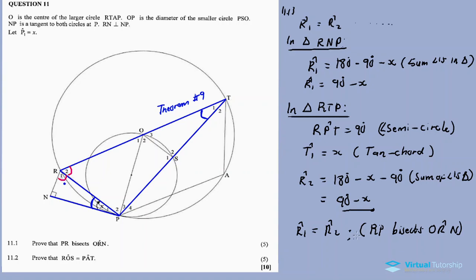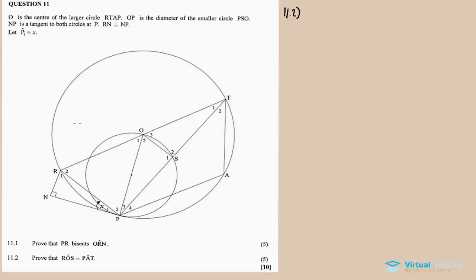Right, now for 11.2 we need to prove that ROS is equal to PAT. So we are talking about these angles, we need to show that these angles are actually equal to each other.